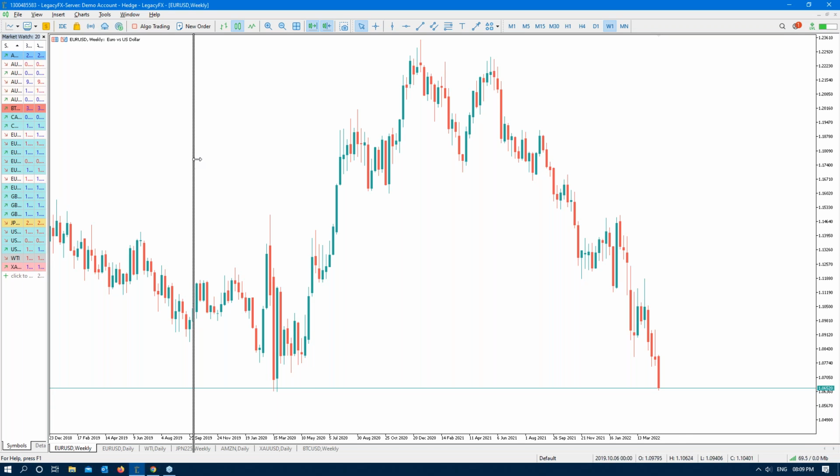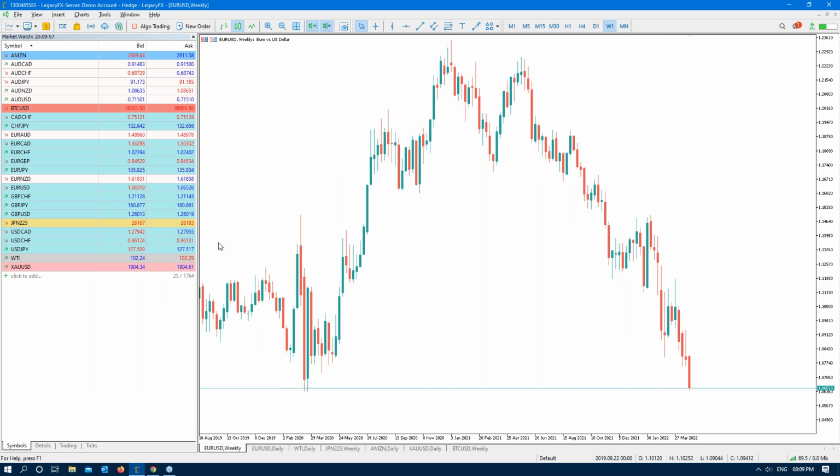Now, if you have a smaller account, like I said, so up to $2,000, stick with the majors and the minors. I know a lot of you want to trade indexes, a lot of you want to trade commodities like oil and gold. The problem is, if you try to trade those properly, which is the bigger picture, generally speaking, the problem that you run into is that the margin you need does not allow you to build that into a $2,000 account properly enough so that you can build a trading portfolio of multiple trades active at the same time.